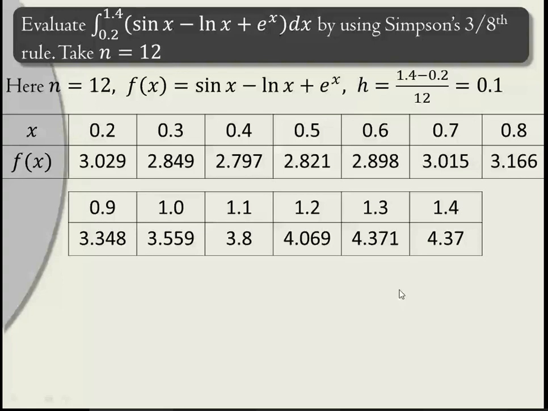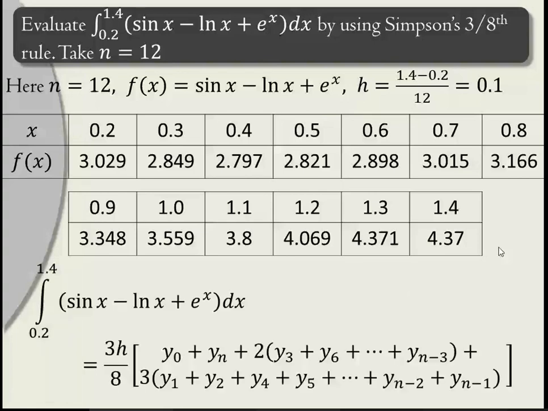By Simpson's 3/8 rule, all that integration will be 3h by 8 times the first value plus last value, plus 2 times y3, y6, or all the multiples of 3 suffix of y, plus 3 times the remaining values of y. The first value is 3.029, the last value is 4.37.